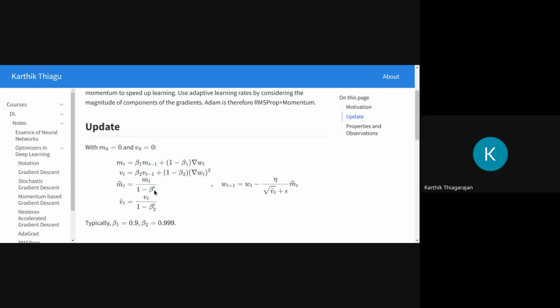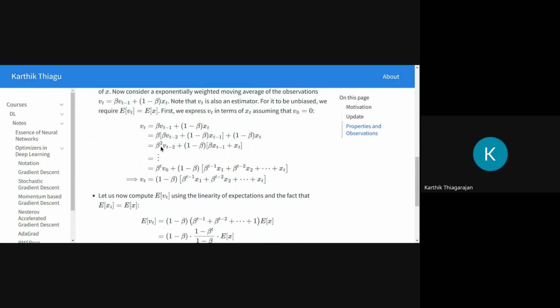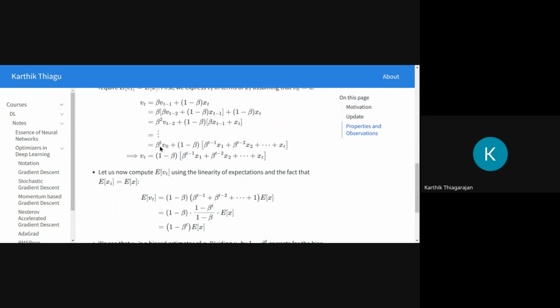Okay, I have actually done the derivation here. If you use this formula and actually expand it out, this works only if you have v0 equal to 0 and not v minus 1 equal to 0. If you notice this part where I'm hovering over, if you introduce v minus 1 as 0, there will be a beta power t plus 1 term.